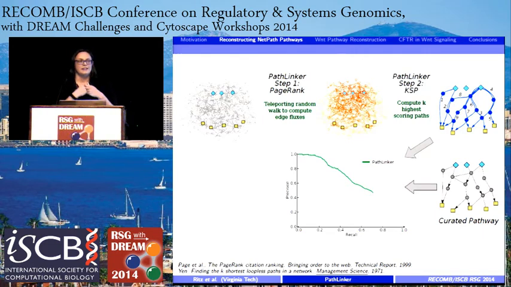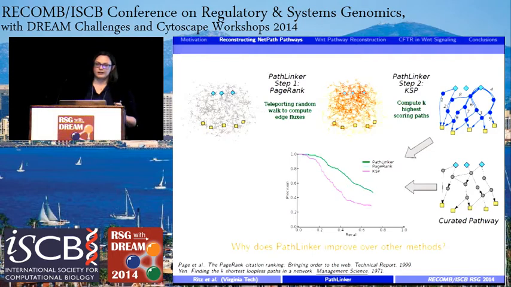Then we go from those node visitation probabilities to edge fluxes, edge scores on the edges. Then we use a k-shortest path algorithm to compute the k highest scoring paths. And then we can rank every interaction by the path that it first appears in, to compare it to our curated pathway and compute a precision recall curve.